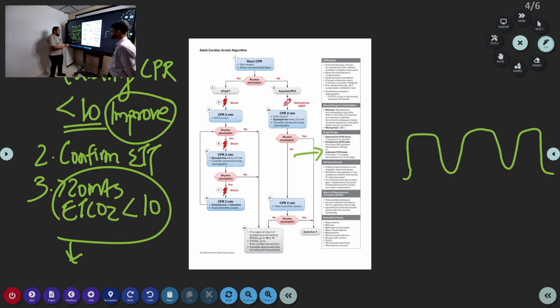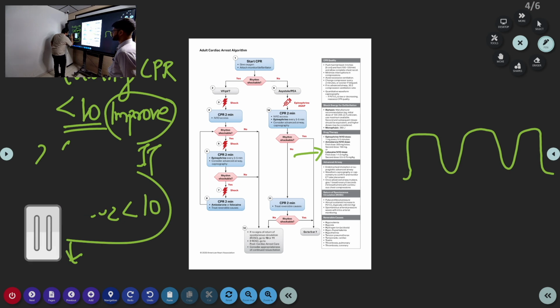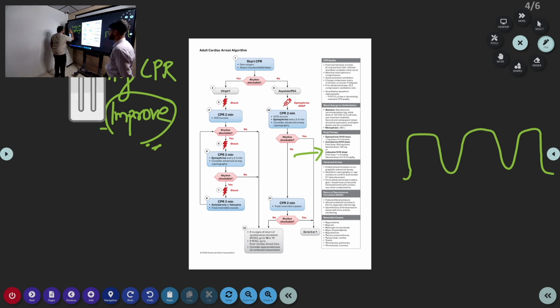So you can consider stopping your CPR. If ETCO2 is persistently low after 20 minutes of CPR, you can think of stopping your resuscitation. So that is how it will help.